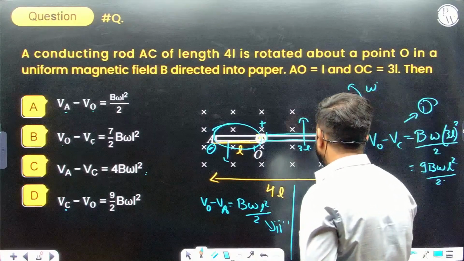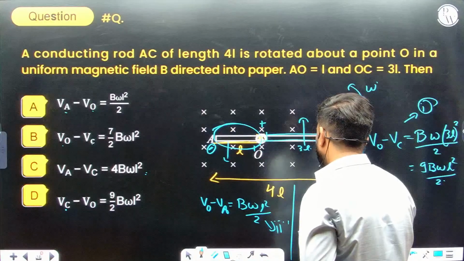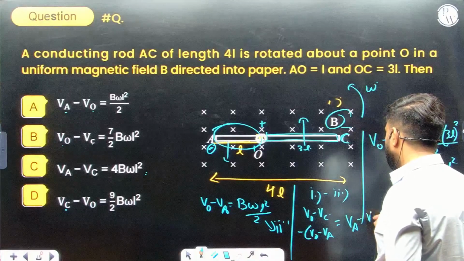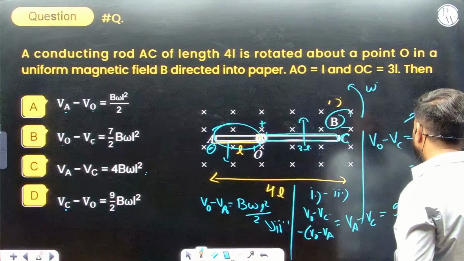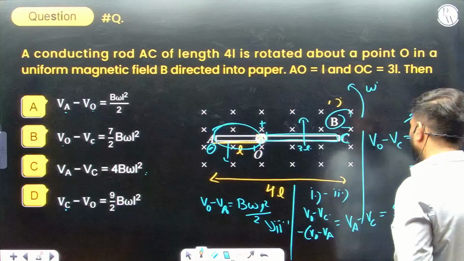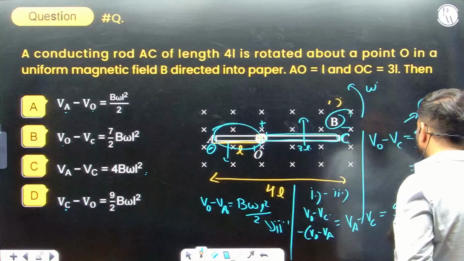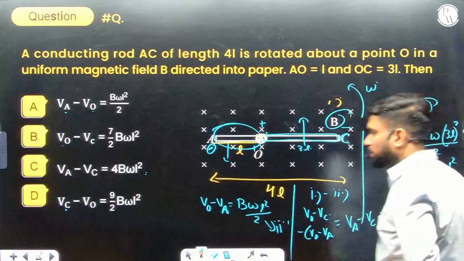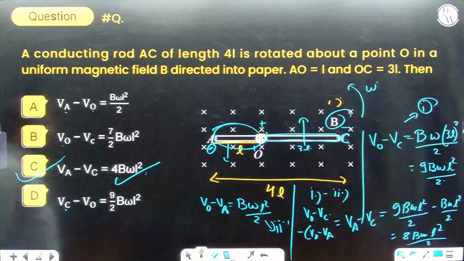So here it will be VO minus VC, and I'll subtract VO minus VA. So what do we get? It is VA minus VC, and it will be 9 B omega L square by 2 minus B omega L square by 2, which is 8 B omega L square by 2. I hope by now you already got the answer. So 8 by 2 is 4 only. So VA minus VC is 4 B omega L square.